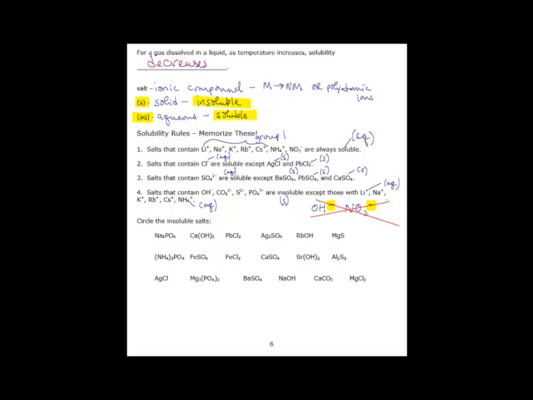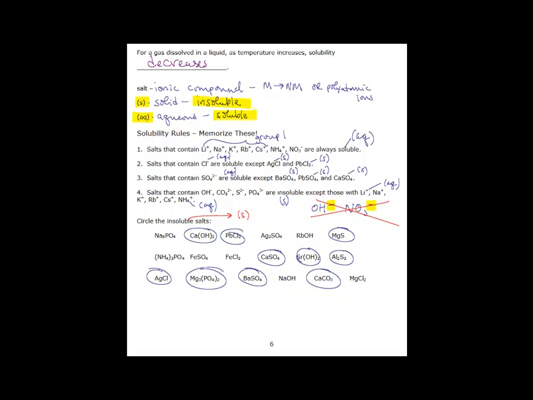So I have many different salts at the bottom of page 6, and I want you to circle the insoluble salts by applying these rules. So when I say insoluble salts, remember that I'm looking for salts that will be solid. So I want you to hit pause and work on these.